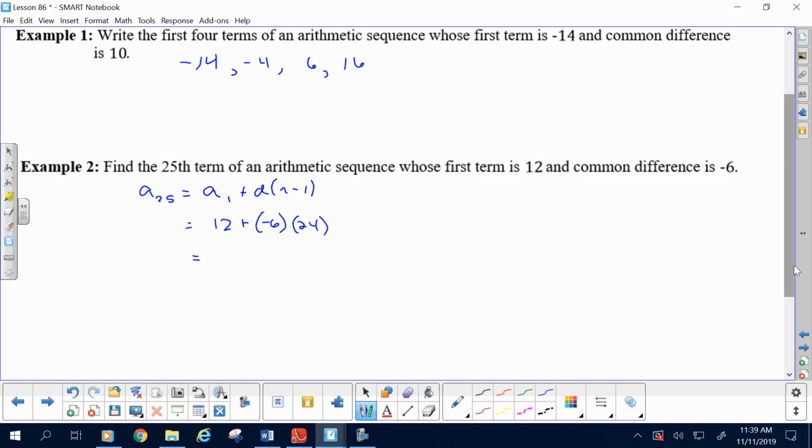Negative 6 24 times will be a total difference of negative 144, I believe. So if you take 12 and subtract away 6 24 times, you end at negative 132. Do you agree? Something a little more response.